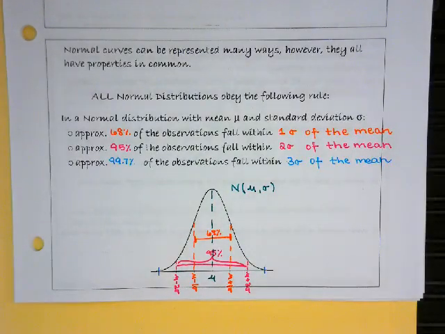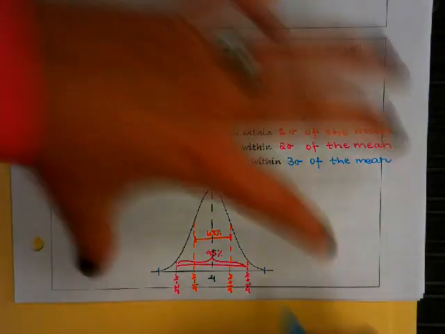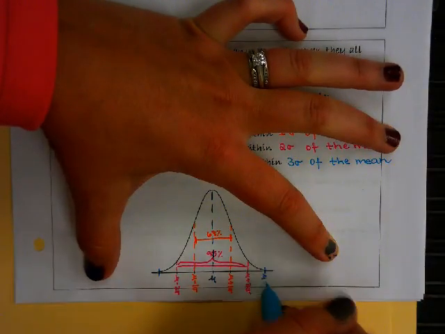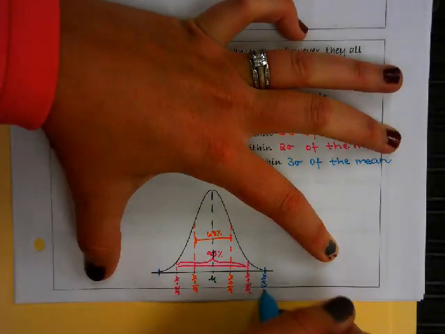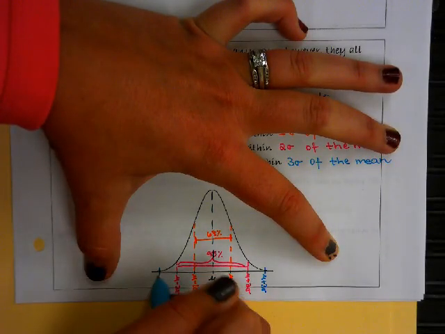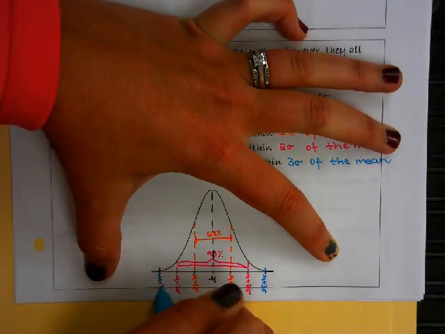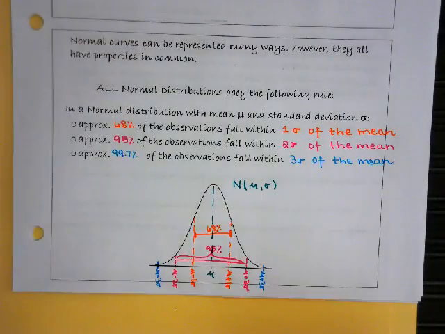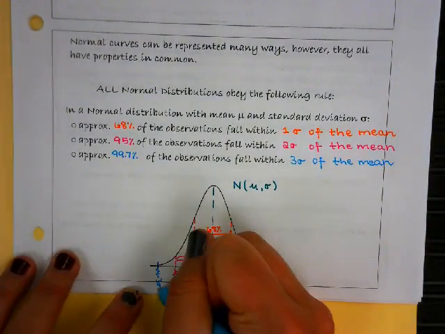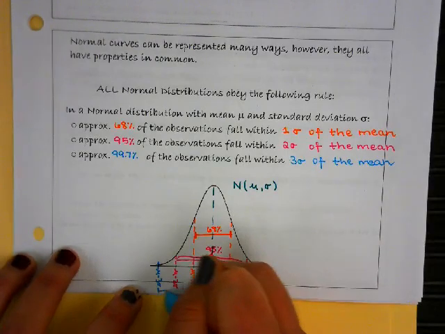So the mean plus 3 standard deviations, mean minus 3 standard deviations. And let's see, I think I'm going to write it down here. Between those two blue is 99.7% of the data.